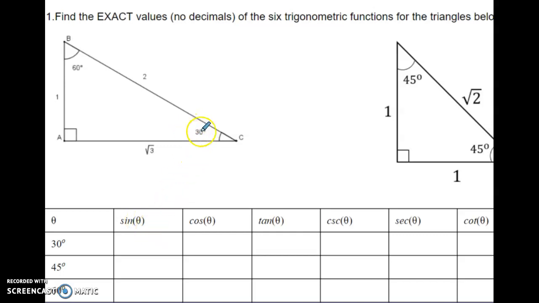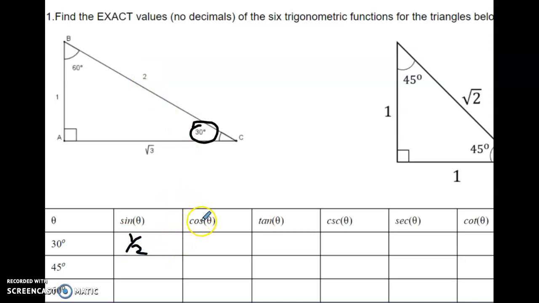When we look at this angle right here, it's always a good idea to put your finger on the angle you're looking at or circle it, so you know which one is the adjacent side, the one right next to it, and which one is the opposite side. The hypotenuse is always the hypotenuse. So for sine, we are looking for the opposite over the hypotenuse. That would be 1 over 2, or 1/2.